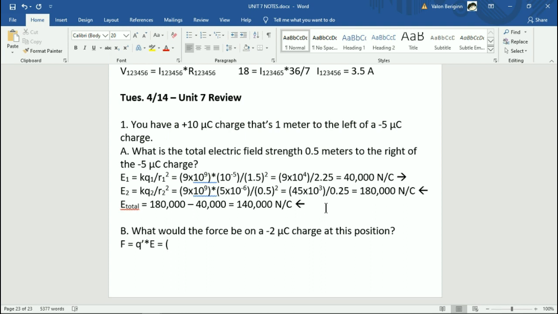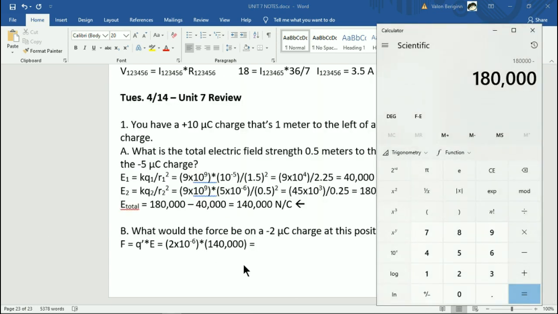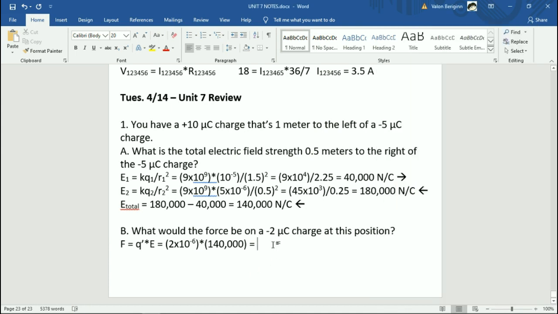Again, ignore the negative because that will be dealt with when we deal with the direction. Times 140,000, times 0.28.